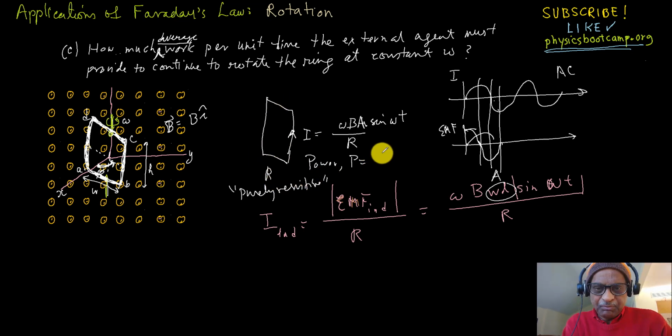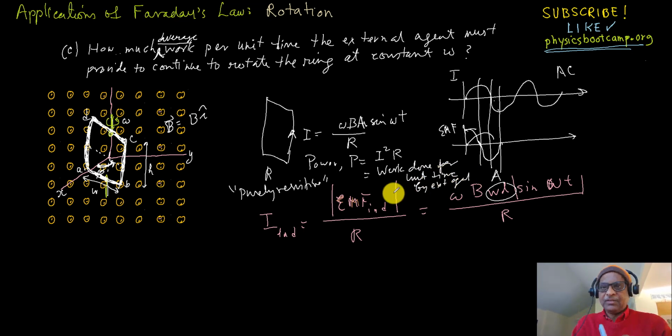So power will simply be I squared R. So the power that's dissipated, just what's going into this wire, is the work done per unit time by the external agent.